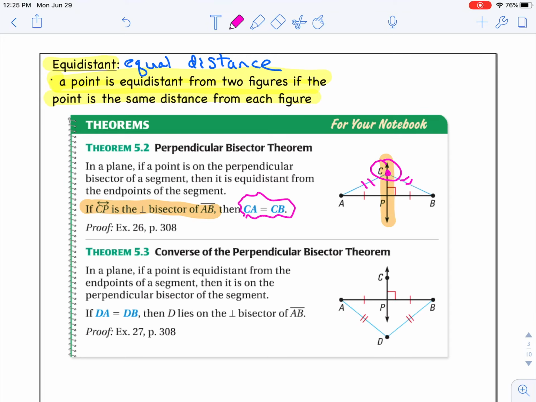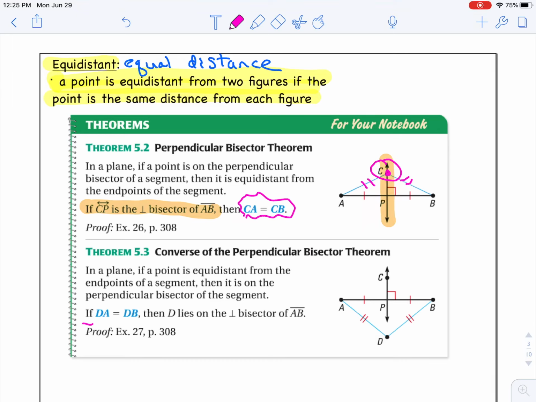The converse is the opposite. Remember, it switches the hypothesis and conclusion around. So now the converse says, in a plane, if a point is shown to be equidistant from the endpoints of the segment, then that point is on the perpendicular bisector.